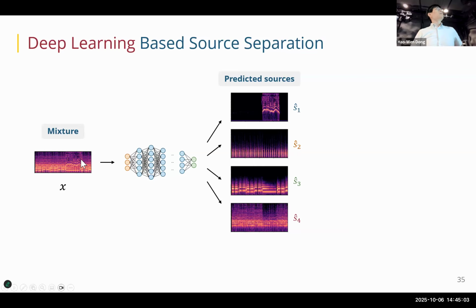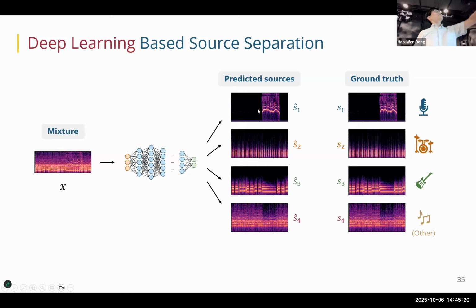So you can think about it like it's just doing classification on each single time-frequency bin, deciding which source it should go to. Of course, in the beginning the output will be a mess, very bad. But hopefully at the end it will be closer to the ground truths that you have.